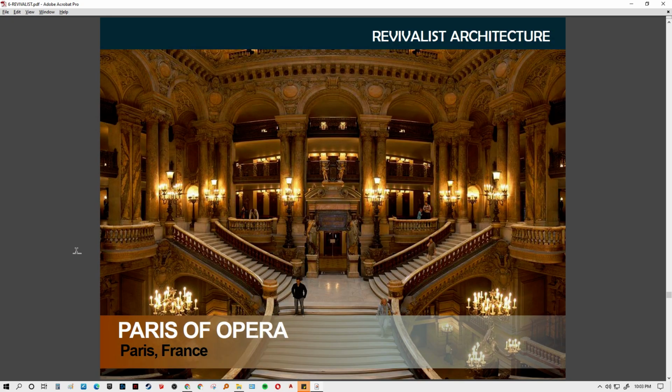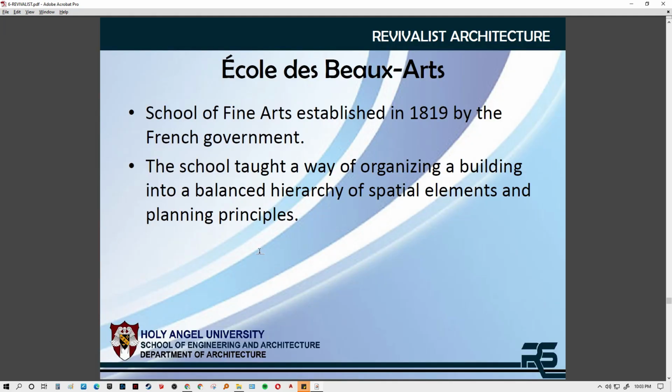So in the insides, it has a lot of sculpted walls and ceilings, and it has a grand staircase. Then we have the École des Beaux-Arts, or School of Fine Arts.